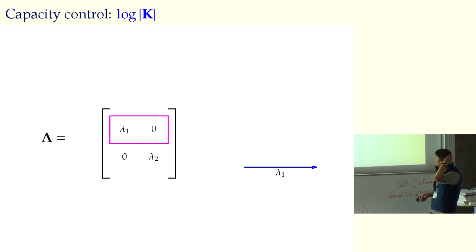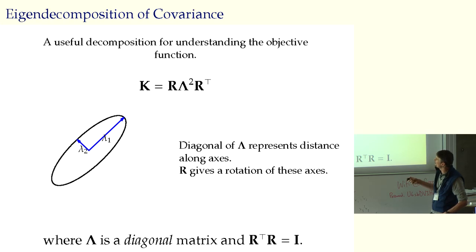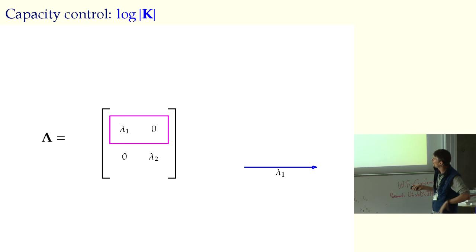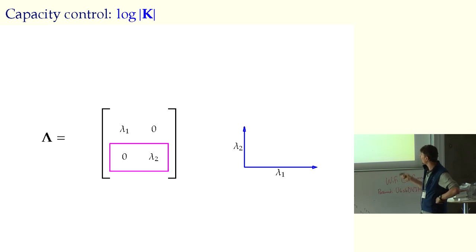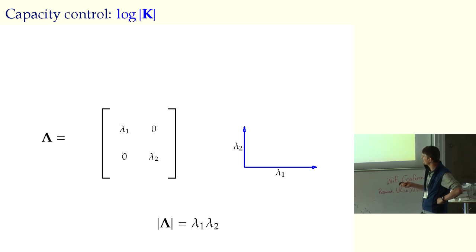And what I want to show is, okay, so this log determinant term is only dependent on lambda 1 and lambda 2. So if I have lambda 1 as one basis here, this basis is rotatable, and lambda 2 on this basis here, and I multiply lambda 1 by lambda 2, it gives me the determinant of lambda, this matrix, okay?